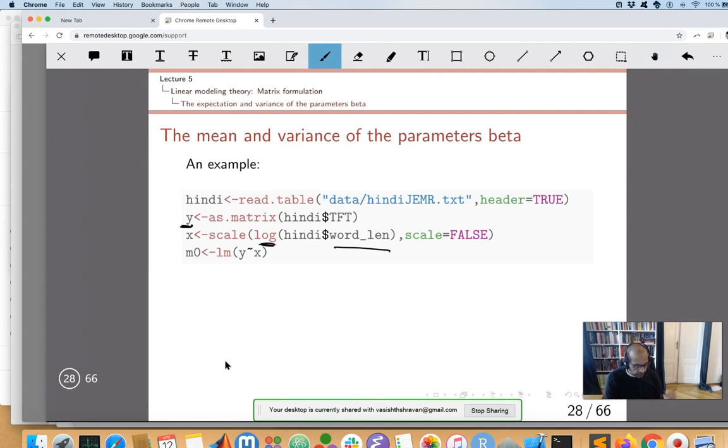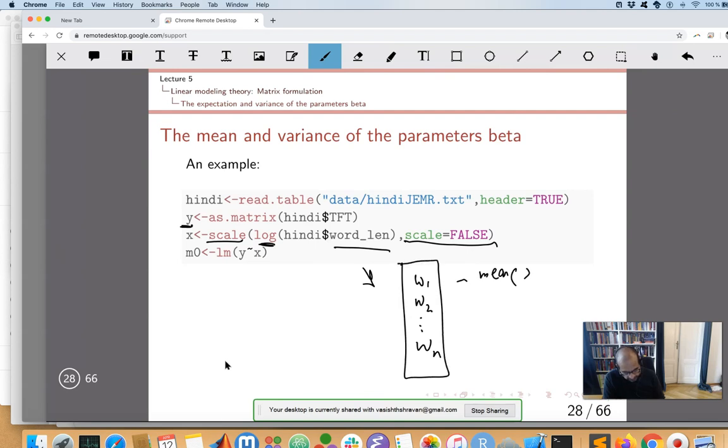I take the log of the word length, and I've also scaled the word length. So this scale function with scale equal to false as a parameter, what this is doing is it's taking the word lengths. So let's say I've got word length 1, word length 2, word length n for the n data points. I will subtract from each of these the mean word length of this whole vector.